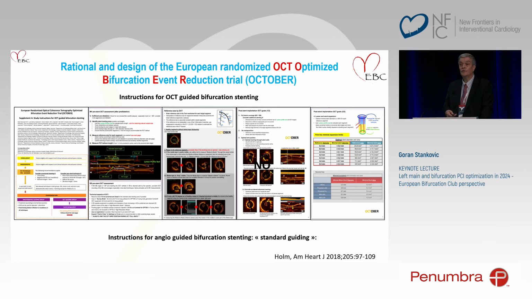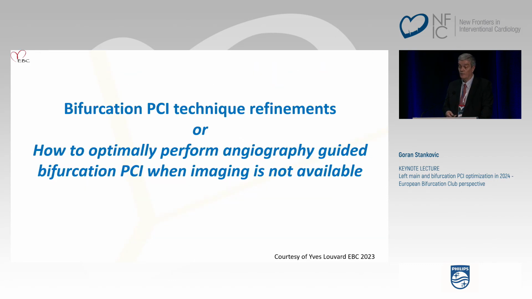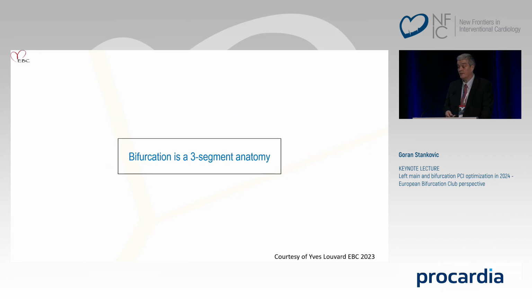However, if you look for the optimization of angio guidance, there is absolutely no data to confirm. So at EBC, we discussed this year how to optimally perform angiography-guided bifurcation PCI if imaging is not available, which is more frequent than we expect.